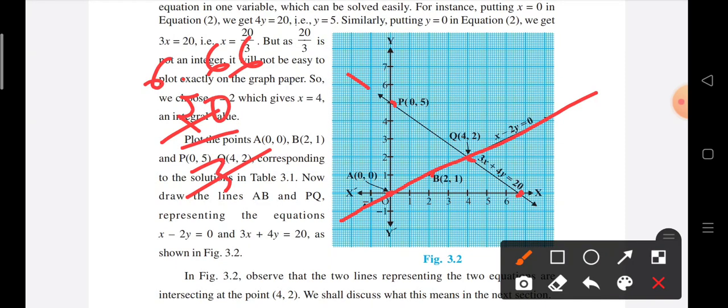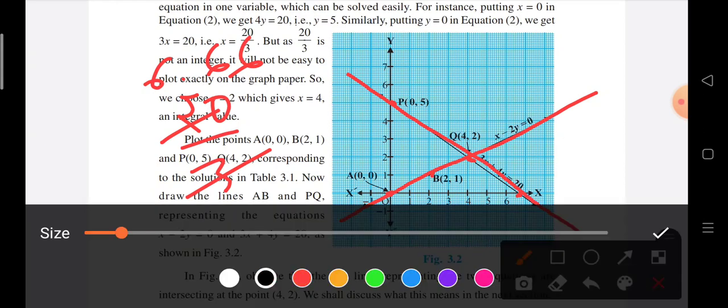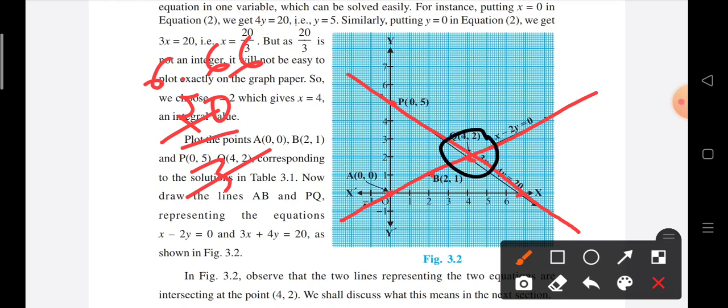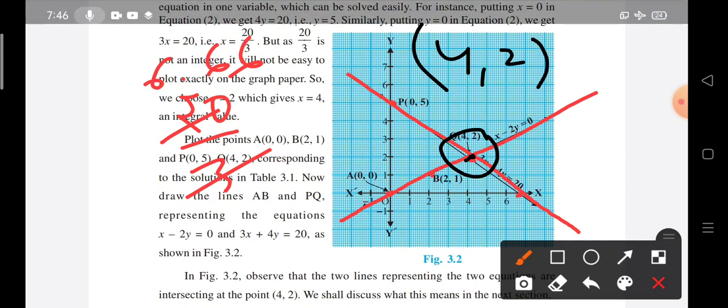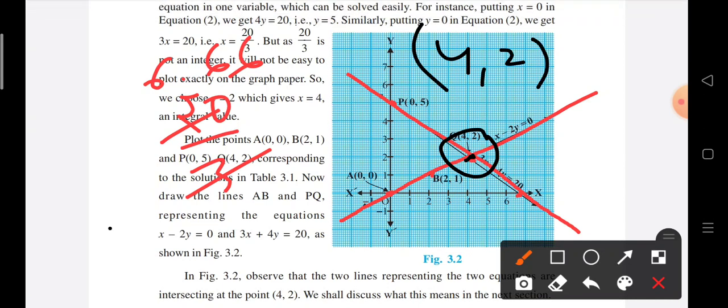So when we draw a line for the second equation, they are intersecting at a common point. This is that common point, that is 4 comma 2 is the solution of the pair of linear equations we have.